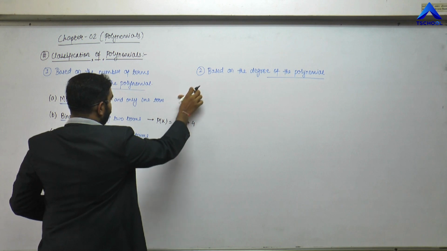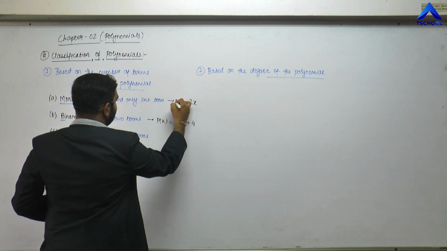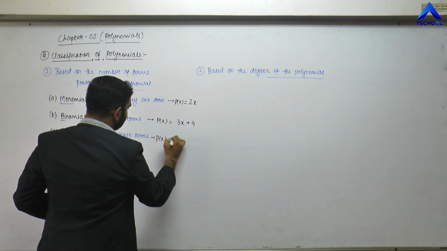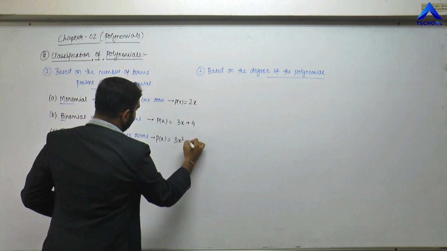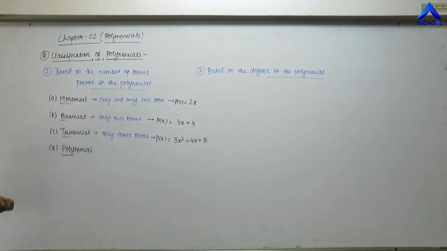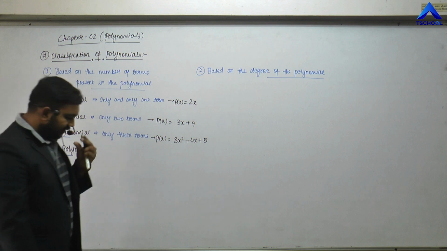Then for the third classification, p of x is equal to 3x square plus 4x plus 5, and we know that a polynomial can be written as an algebraic sum of more than 3 terms, right?